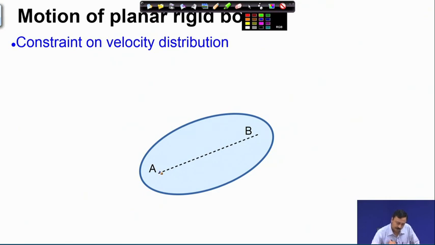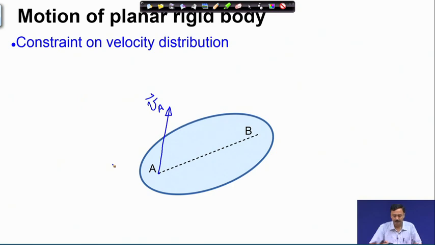Suppose the velocity of point A is V A. If I ask this question, is there any restriction or constraint on the velocity of point B. So, point B is here. Is there any constraint on the velocity of point B? The answer is yes, and this is why it should be, because this is a rigid body.